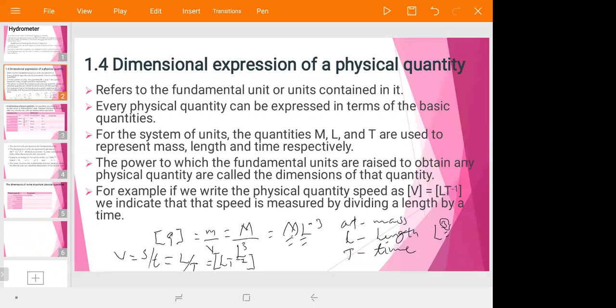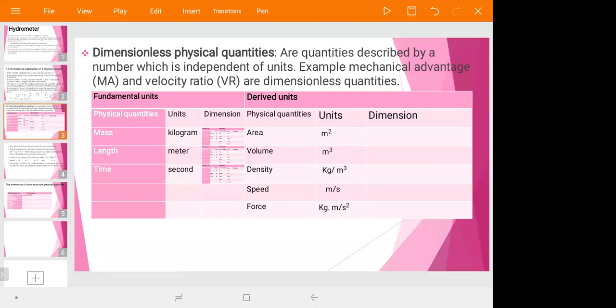We will see this one by one. For example, have you seen these quantities in table form?